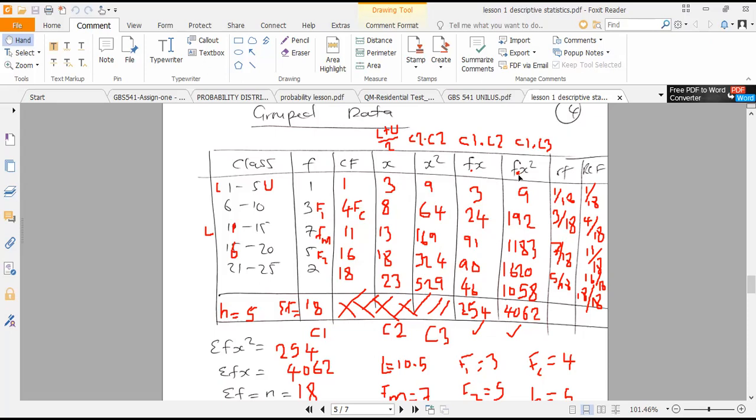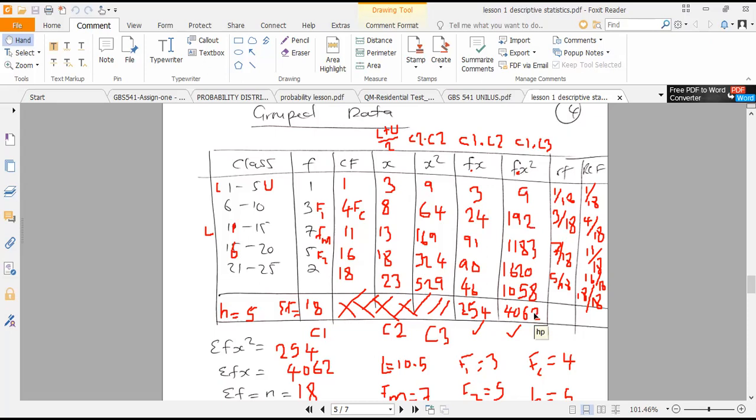That's why I put a dot there. You start from here. So this column times that one gives you fx. This column times that one gives you f dot x squared. Never square this to get this answer. You cannot risk losing marks. These are the common mistakes most of your colleagues make. So since there's an f here, we can total here. There's an f here, there's a total there.